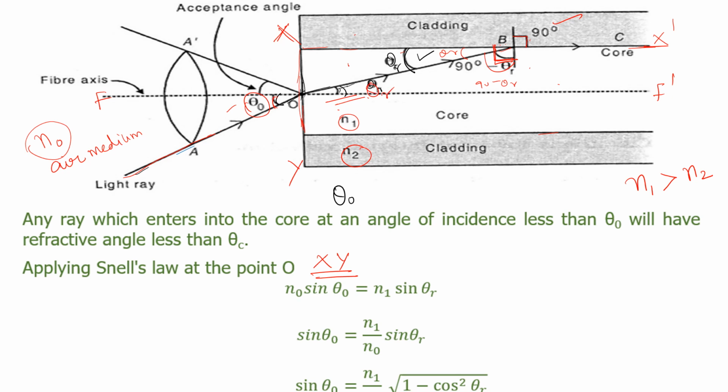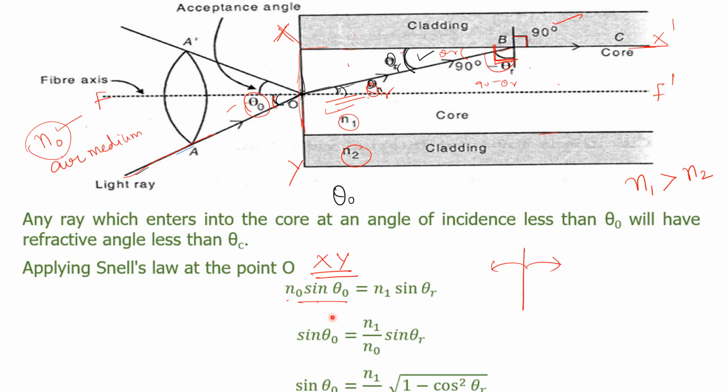The refractive index of air is n naught. Here core is n1. So before the interface and after the interface, we are going to apply Snell's law at this particular point. n naught sin theta naught is equal to n1 sin theta r.